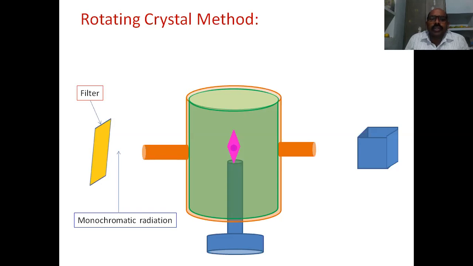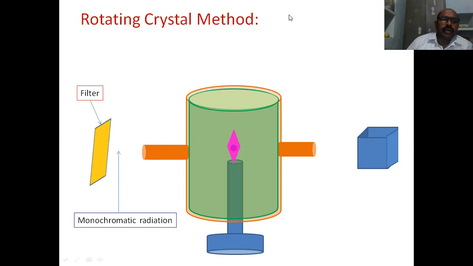Since we are rotating the sample, which is taken in single crystalline form, this method is called the rotating crystal method. In this method, we use a monochromatic wavelength, whose wavelength is fixed. We get the monochromatic wavelength from this filter.